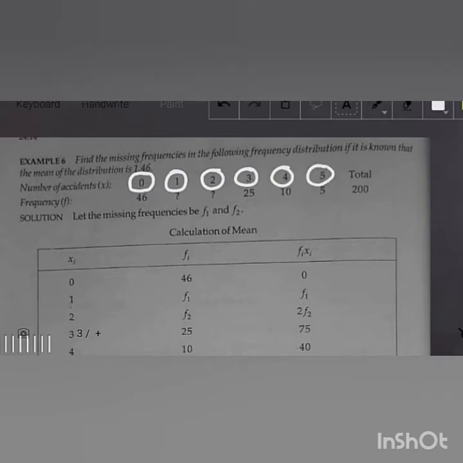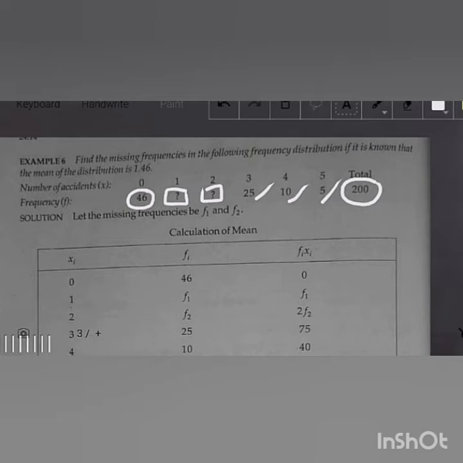The frequencies given are 46, and here one frequency is missing. One more frequency is also missing. The next frequencies are 25, 10 and 5. The total frequency is given as 200. The mean is given as 1.46. Now let us find the missing frequencies.